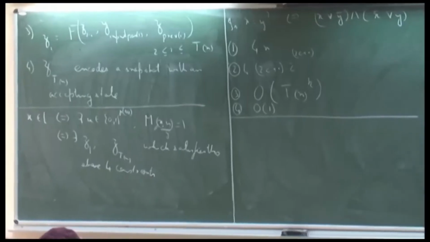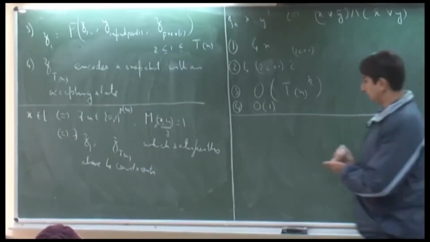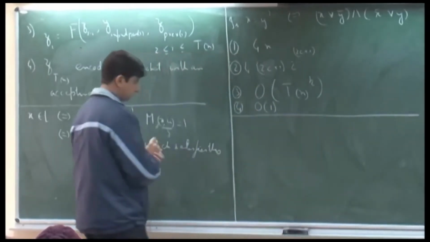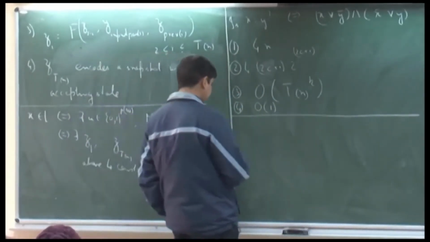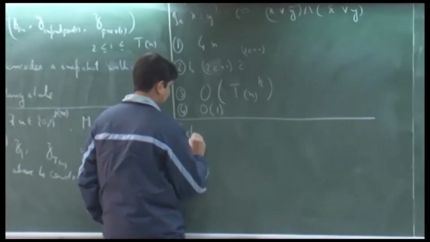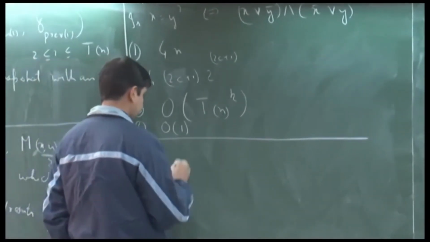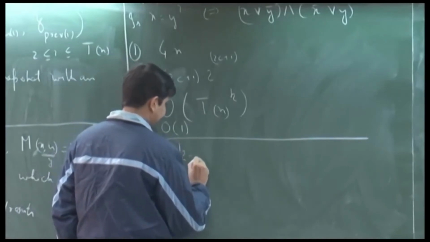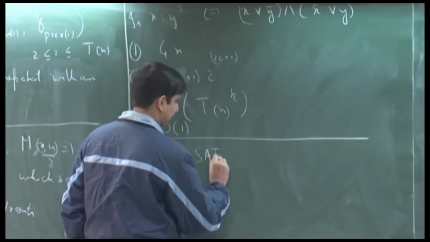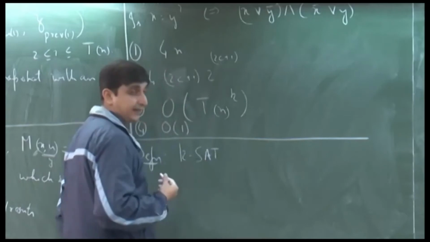So, let us see one more reduction using Boolean formulas. So, K sat, we saw what the language sat is.